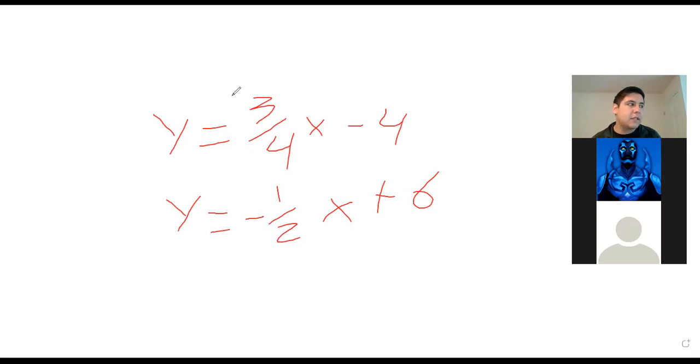How do we find the solution to these two lines? You think maybe we could solve the equation, but if you notice, we have both an x and a y there. We have two variables. When we have two variables, it's not as easy to just solve the equation, okay?